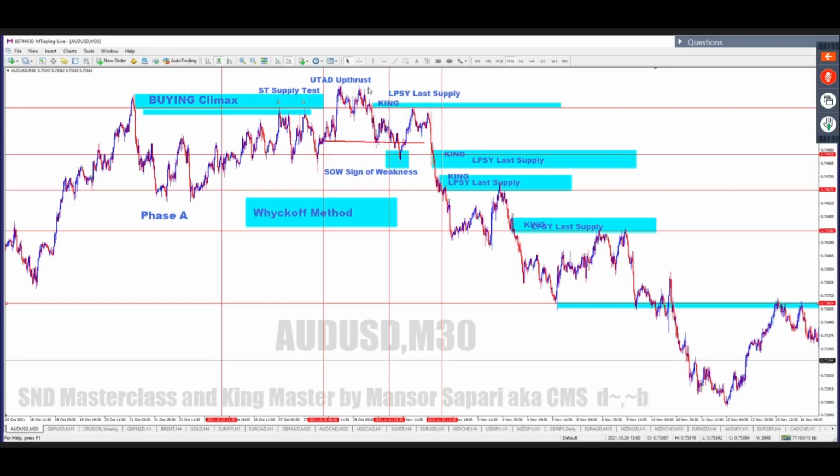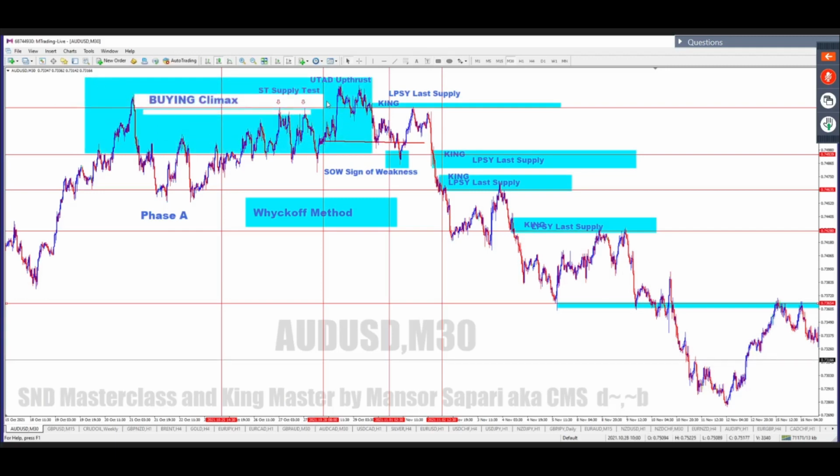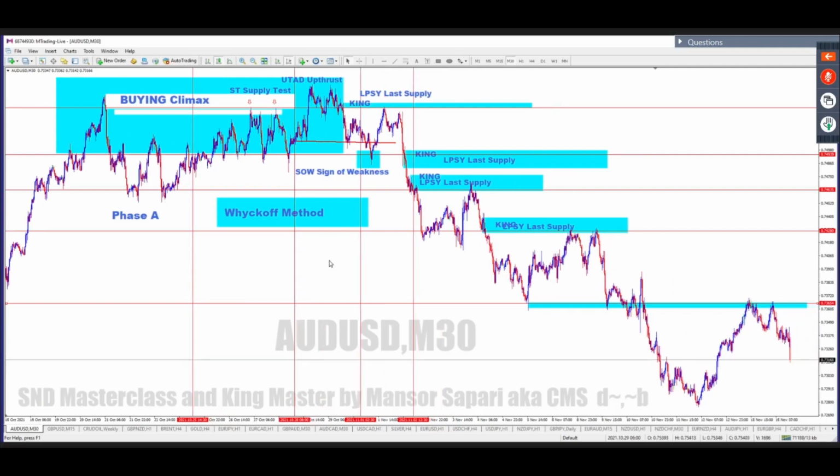Because the buying climax, or the pattern, is not finished yet, only when a sign of weakness appears can we start selling over here. So the Wyckoff method teaches us patience, which is very, very important. But if you want to sell over here, no problem. Just scalping and scalping.